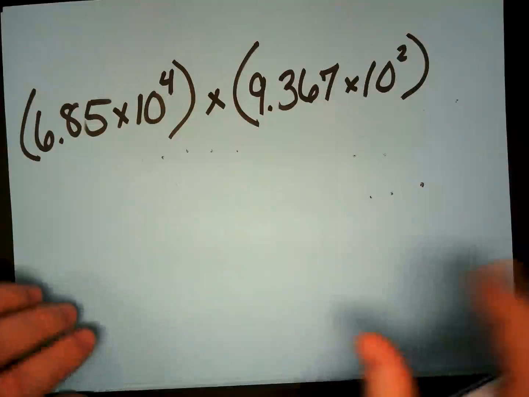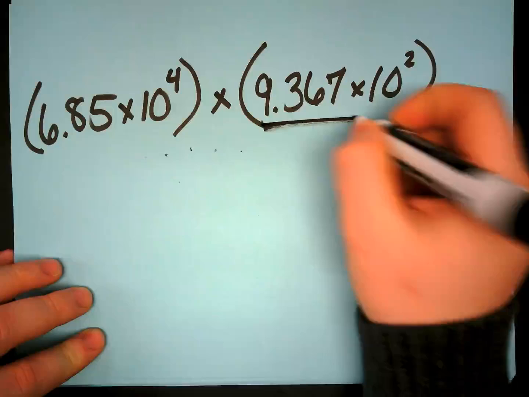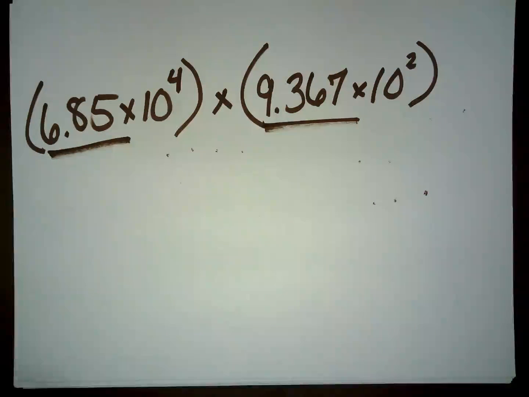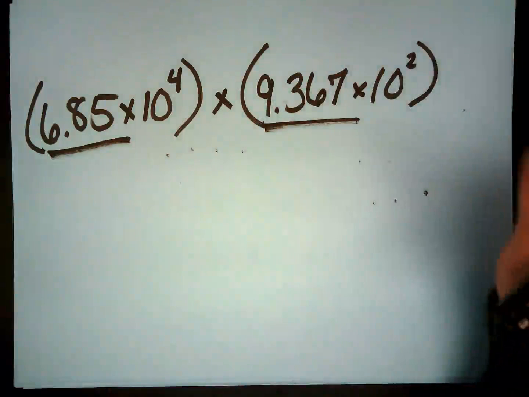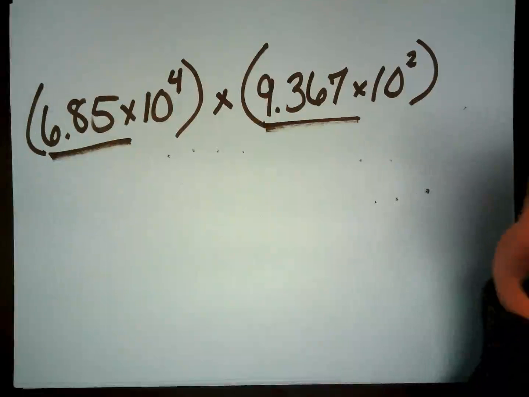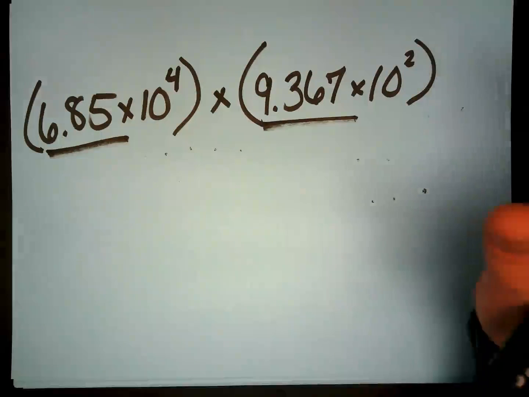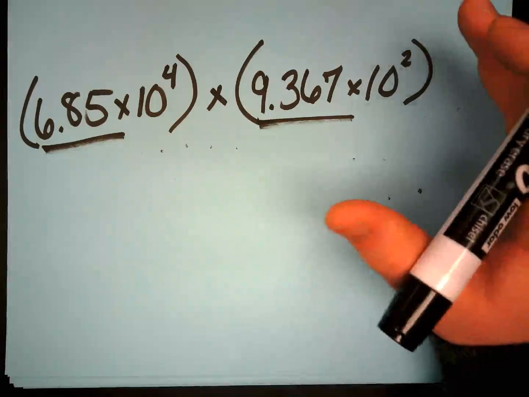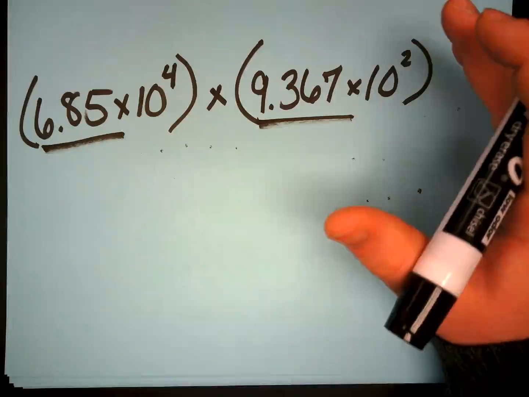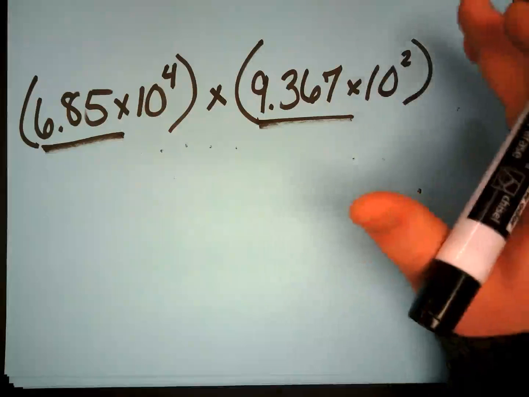So remember in the notes I said you can plug this whole thing into your calculator, but this is set up the same way as what I just showed you with putting things in scientific notation.